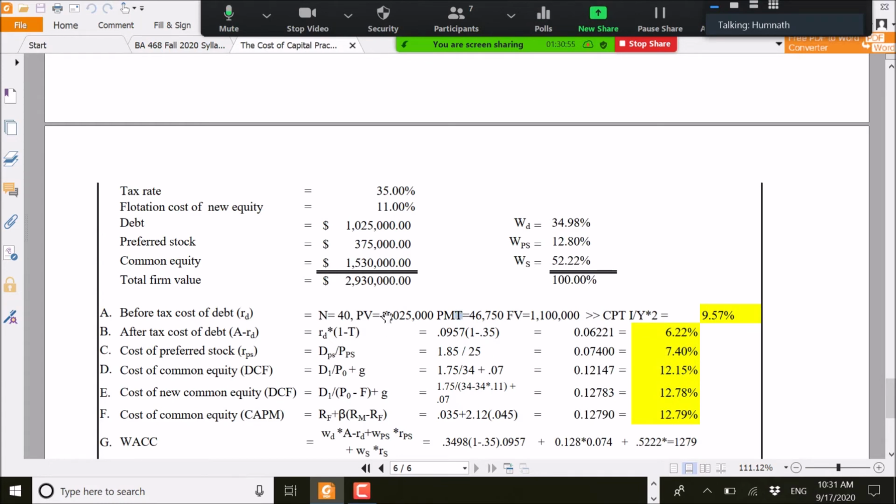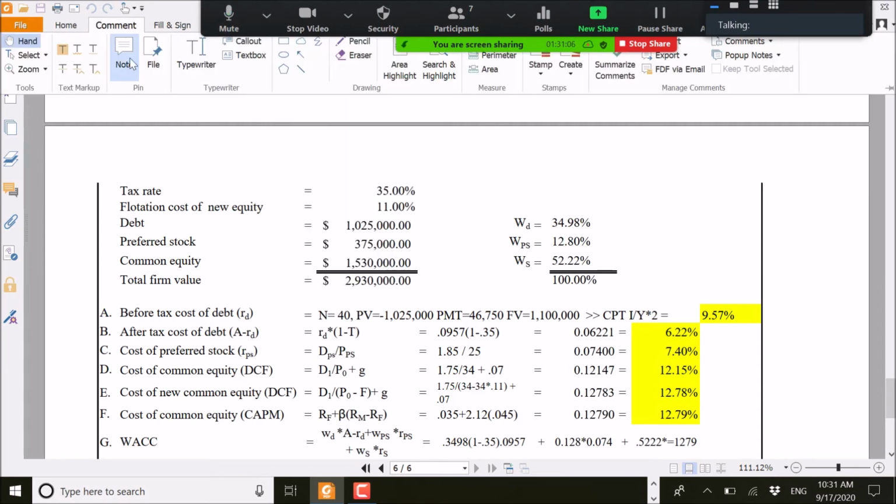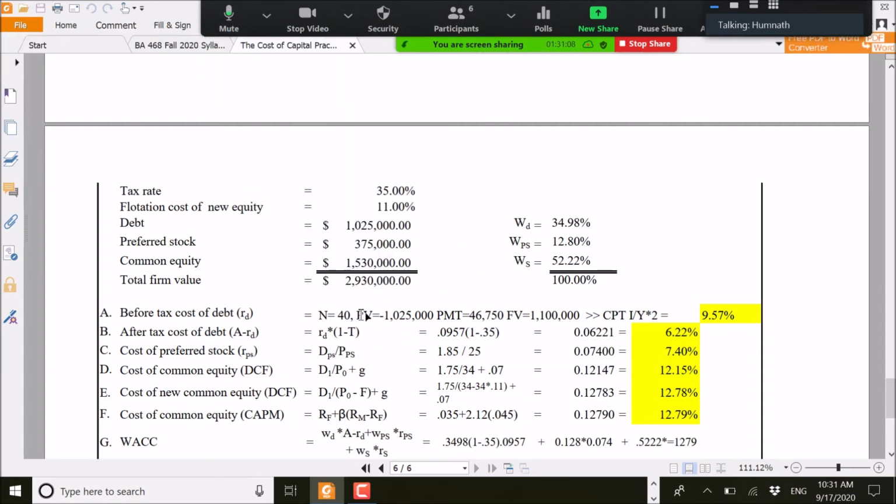What I did was this. In Excel, here I use the RATE function, and then I provide all the information, and I get this 9.57%, which is not given in the question.